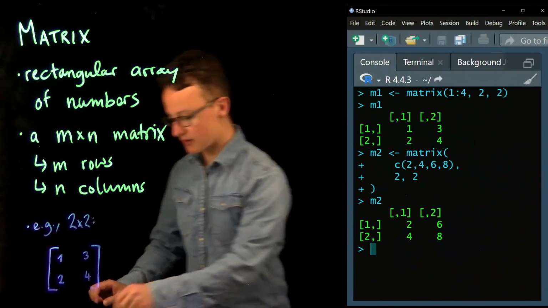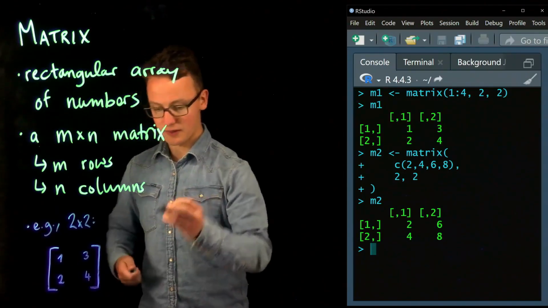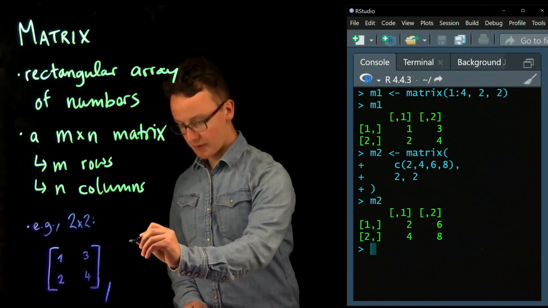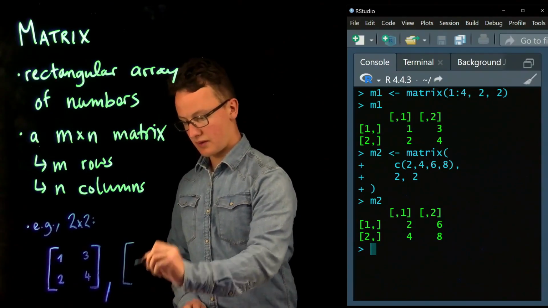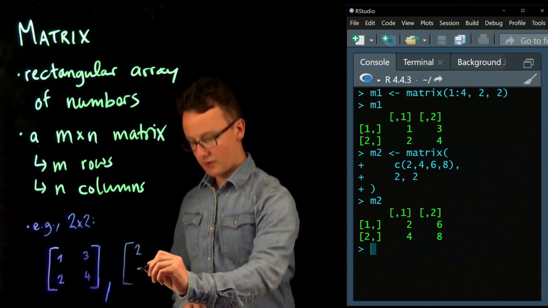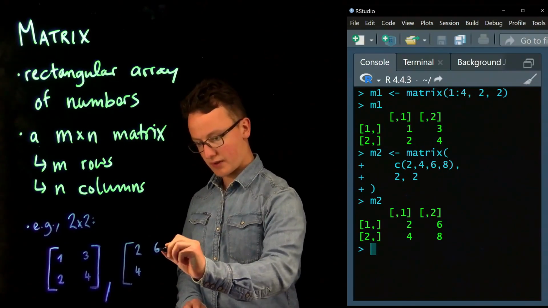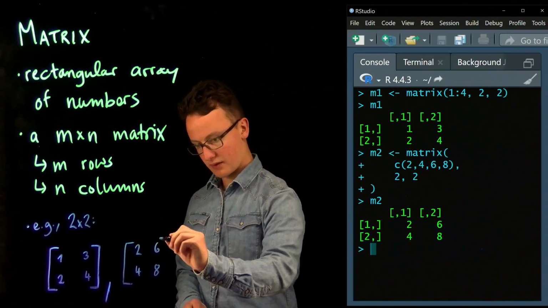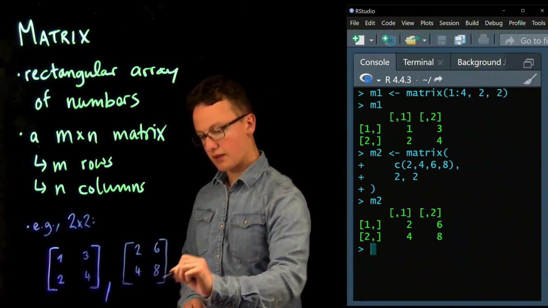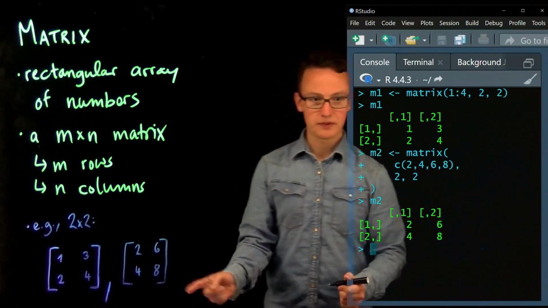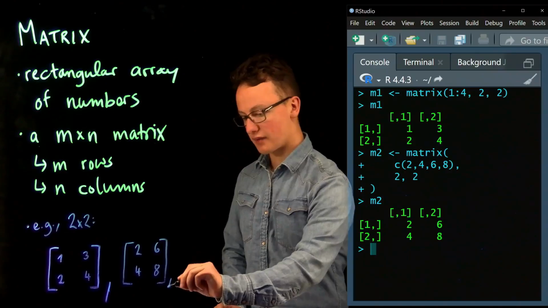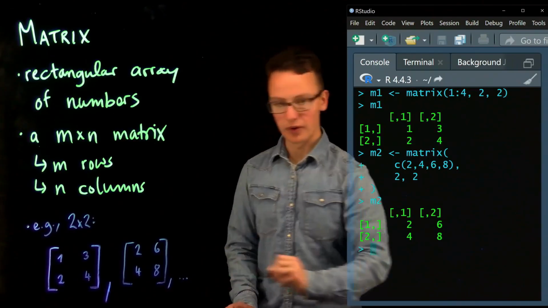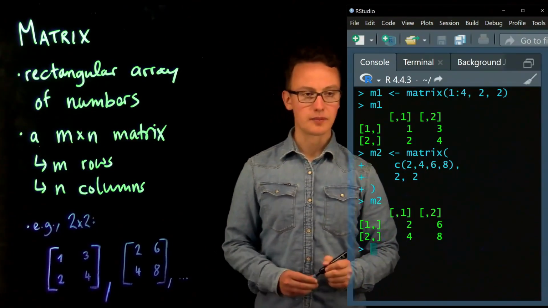So if I would write this, again, this would then look as follows. So this M2 matrix would be 2, 4, 6, and 8, closing bracket, right? And so these are 2 examples of 2 by 2 matrices. I could obviously have infinitely many more with different kinds of values in them.